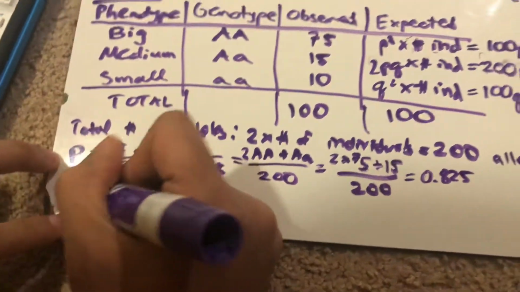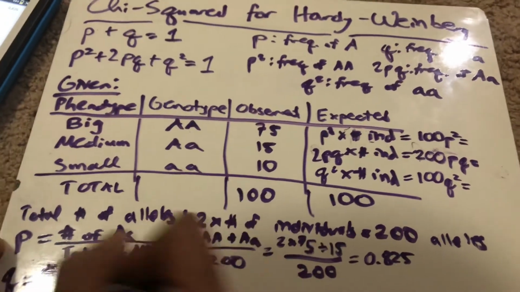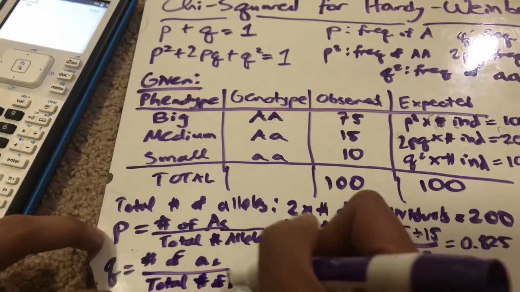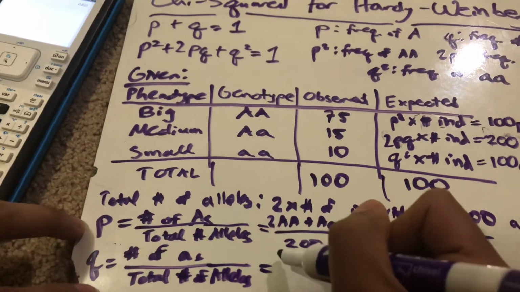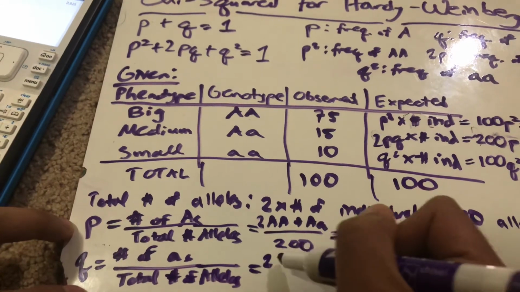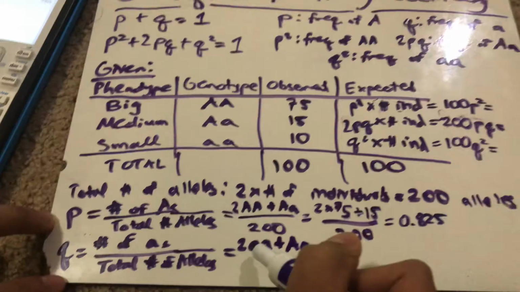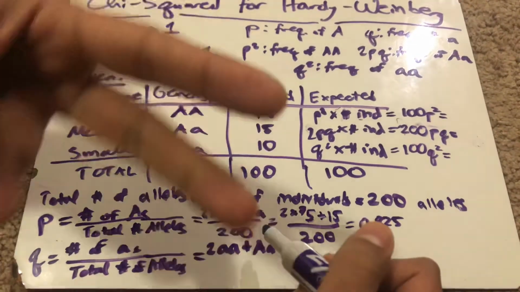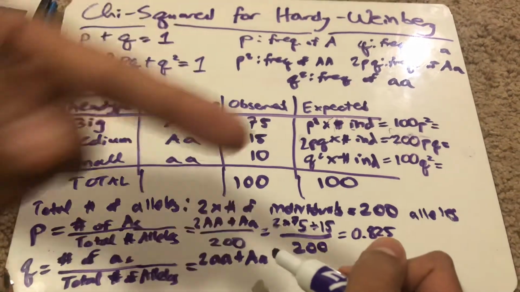Okay, now we're going to find Q. By the same logic, it's the number of little a's over the total number of alleles. So that's going to equal 2 times the number of little a little a, plus the heterozygotes, because remember, the little a little a genotype is contributing 2 little a's, and the heterozygous genotype is only contributing 1.